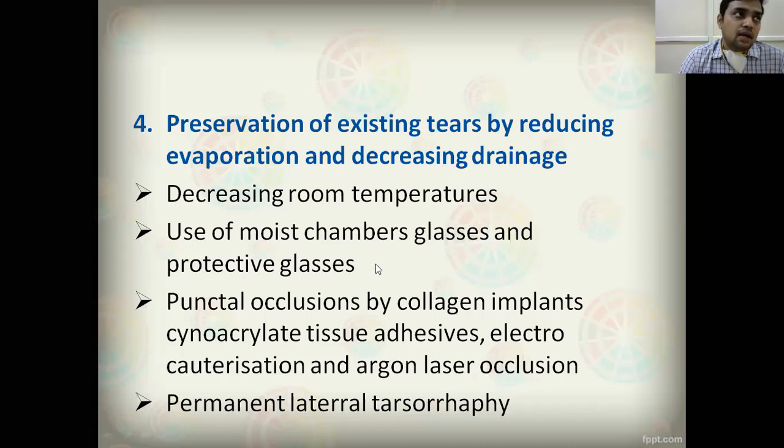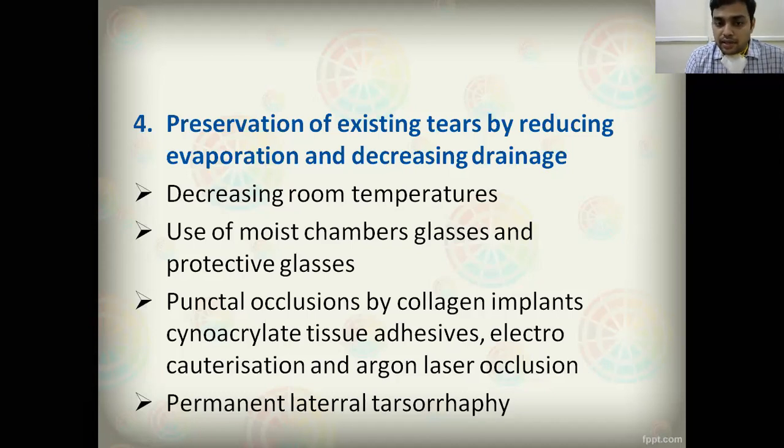So punctal occlusion is one of the causes for watering of eye. But in case of dry eye, punctal occlusion is one of the treatment modalities. By occluding the punctum with the help of collagen implants or cyanoacrylate tissue adhesives, or by cauterization, or by using argon laser occlusion, we occlude the punctum so that the amount of tears present in the conjunctival sac will remain in the conjunctival sac for a longer time.